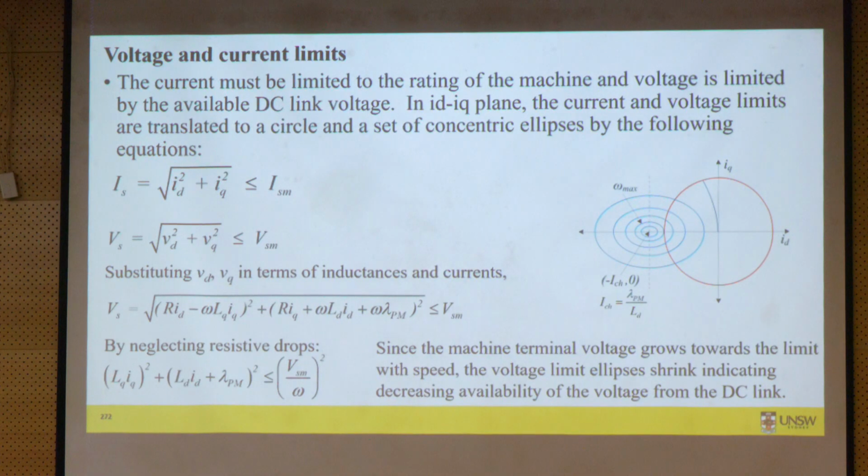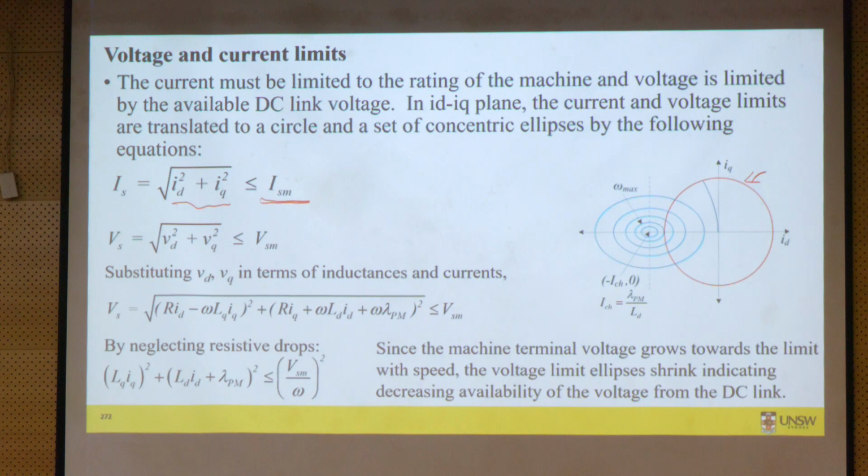So always, whatever ID and IQ you select, the square summation of those two currents must always be less than or equal to the peak rated current of the motor. If we look at this as an equation, it's actually the equation of a circle in the DQ plane, right? So if I plot ID for IQ of various values in the ID-IQ plane, we will get a circle, and this circle is called the current limit circle.